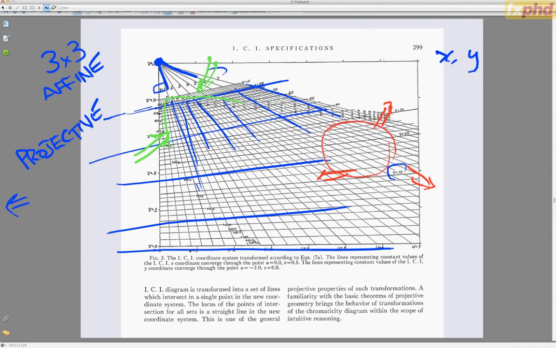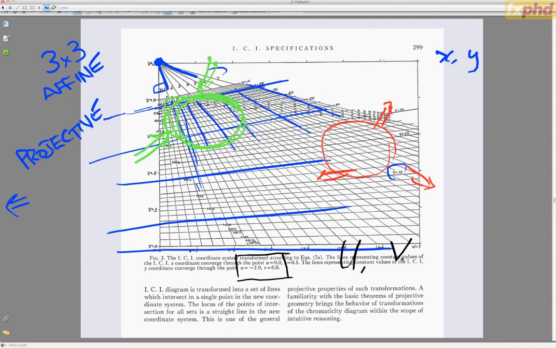So the goal here is to make a diagram which has perceptual equal areas for coordinates that we see as being roughly the same color.